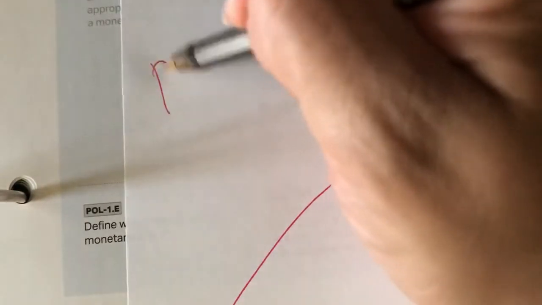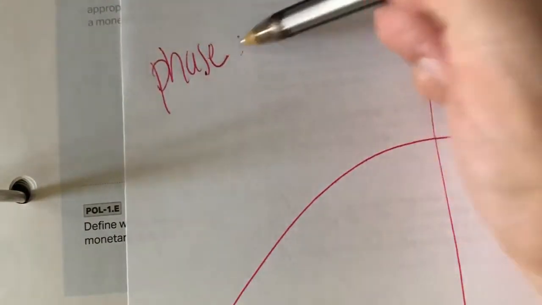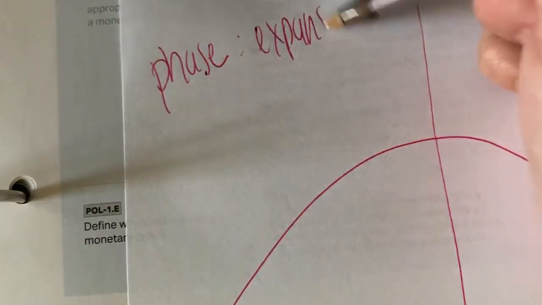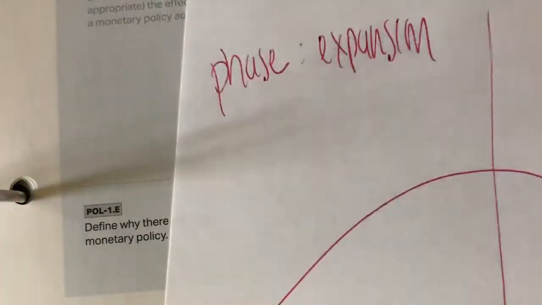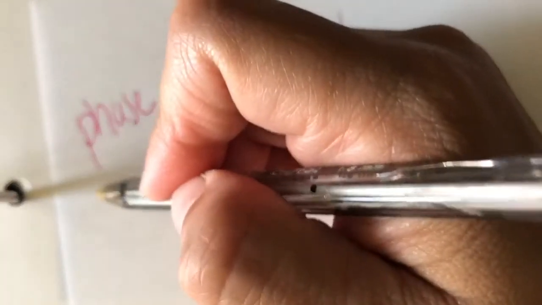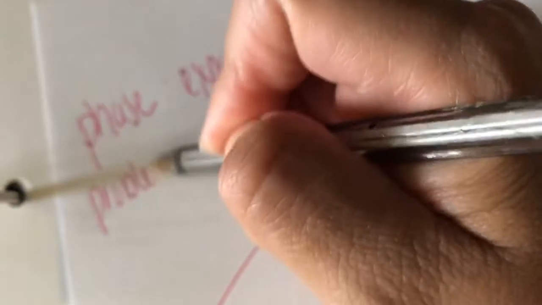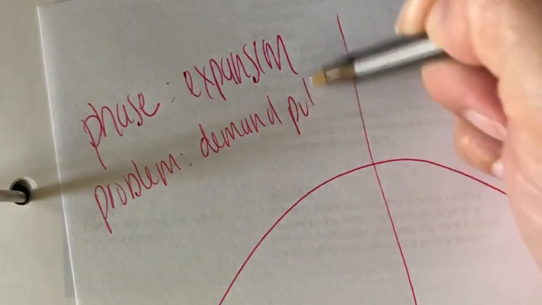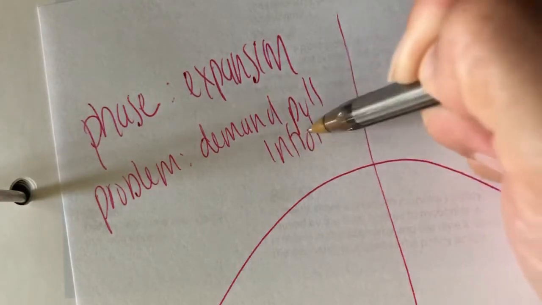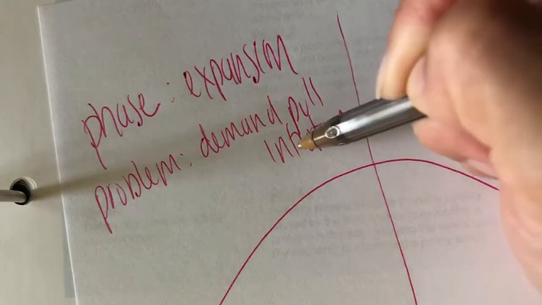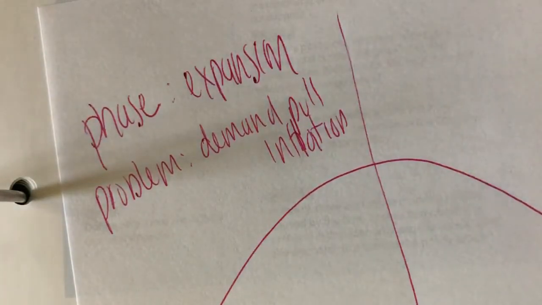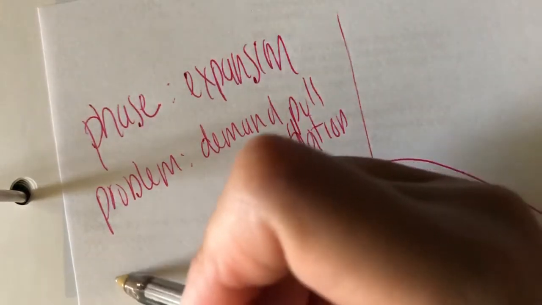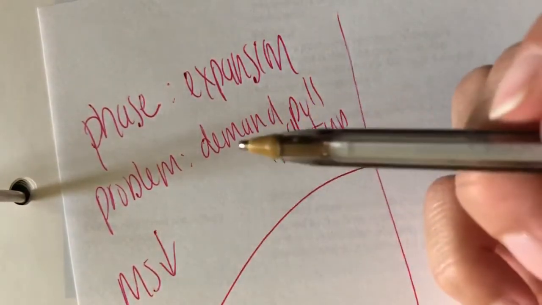We know over here we are in the phase of an expansion. And we know that our problem is demand-pull inflation. There are too many dollars out there, so the money supply needs to be reduced.